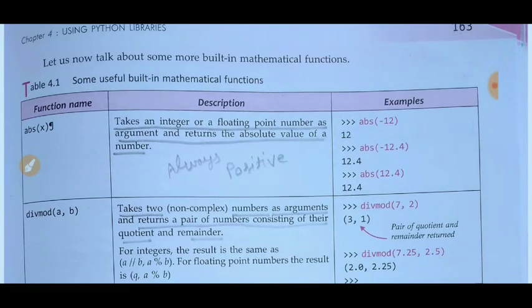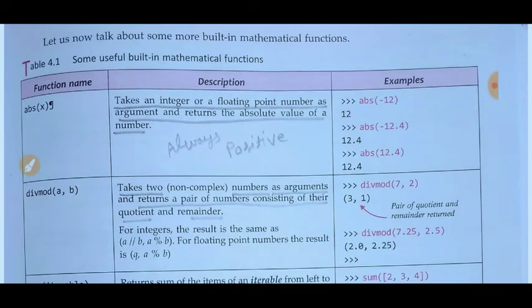If you are passing negative value, it converts into absolute, that means positive. See here example, abs, that is for absolute function, in bracket minus 12, the answer is 12 in positive. Similarly abs minus 12.4, returns answer 12.4 in positive. Similarly abs 12.4, there it doesn't change its value, so it simply gives 12.4.